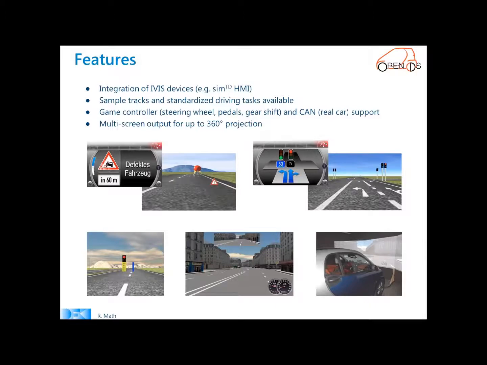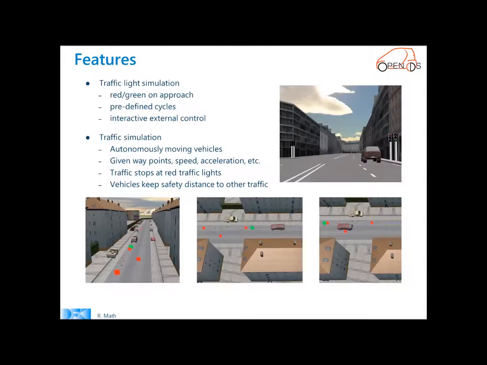We get the CAN data there, and we are able to sit in this car in front of the screen and drive through the virtual environment. You can see, maybe in this picture, we have a three-parted screen with a 3 projector setup, and our software would even support more screens if your graphics hardware does support that.